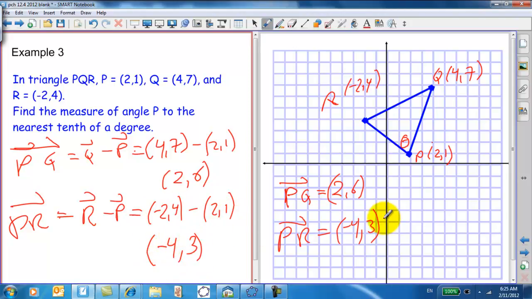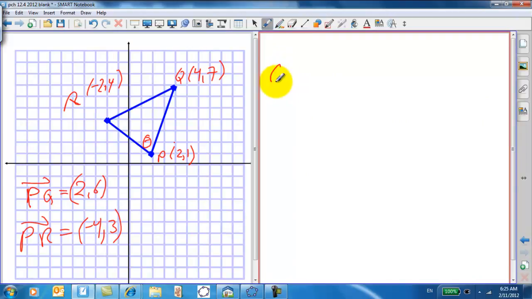Okay, now let's do our rule to find out what the angle is between them. So the cosine of theta is going to be the dot product of PQ with PR over the product of their magnitudes.